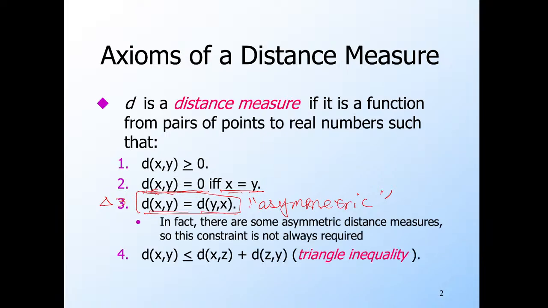Finally, the triangle inequality: the distance from x to y is smaller than or equal to the distance from x to z plus the distance from z to y. Okay, so let's introduce some of the most famous distance measures.